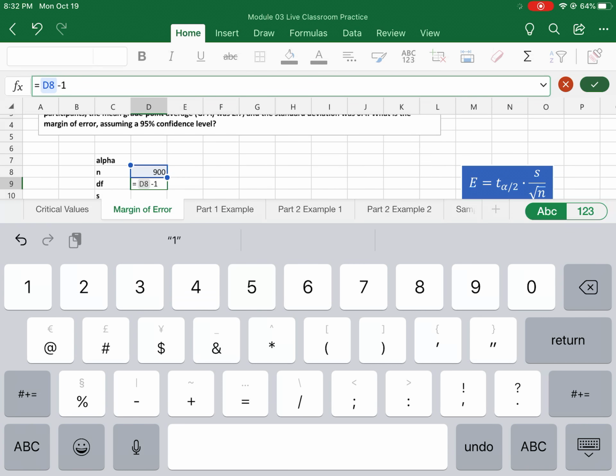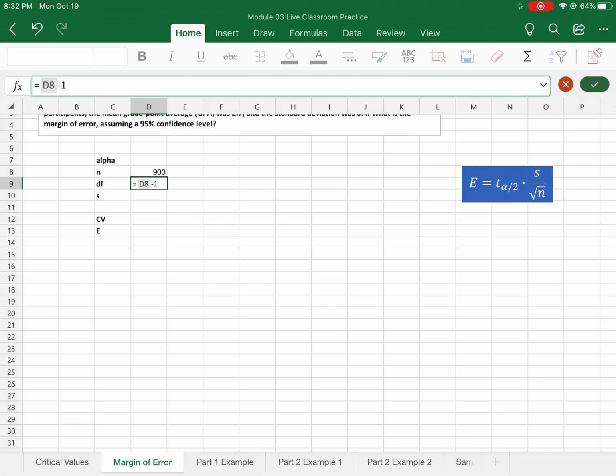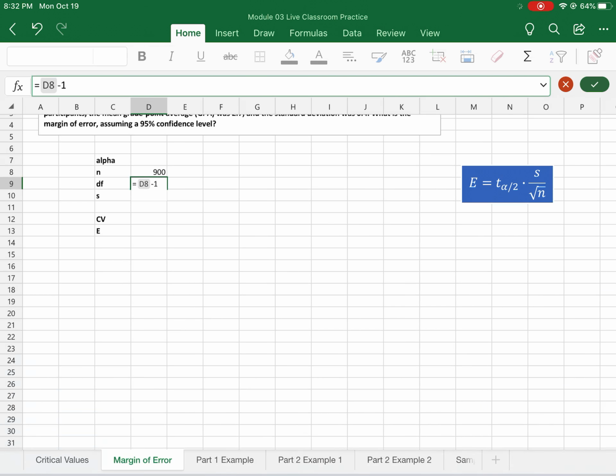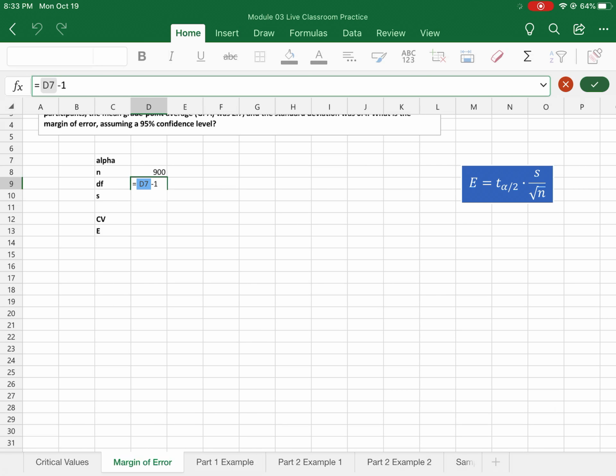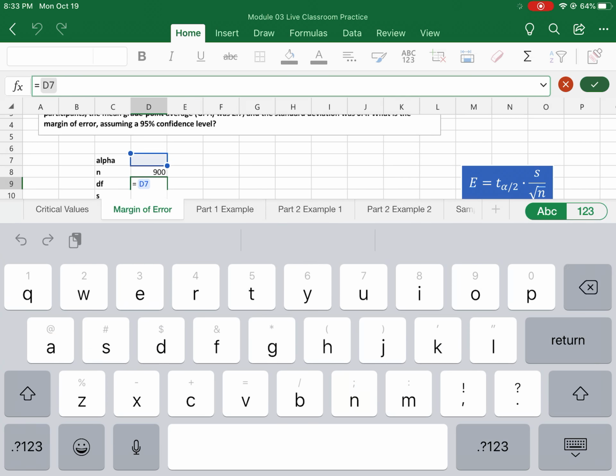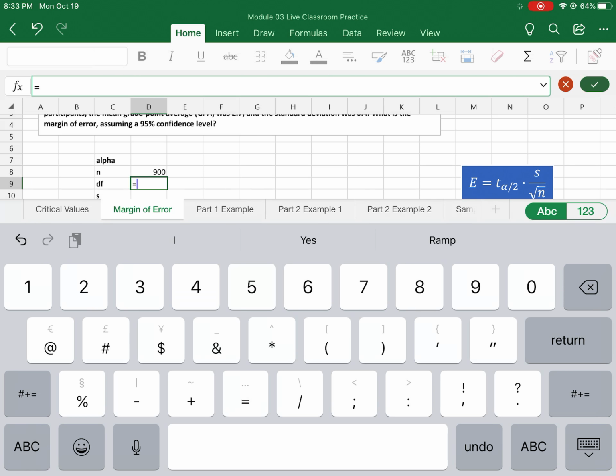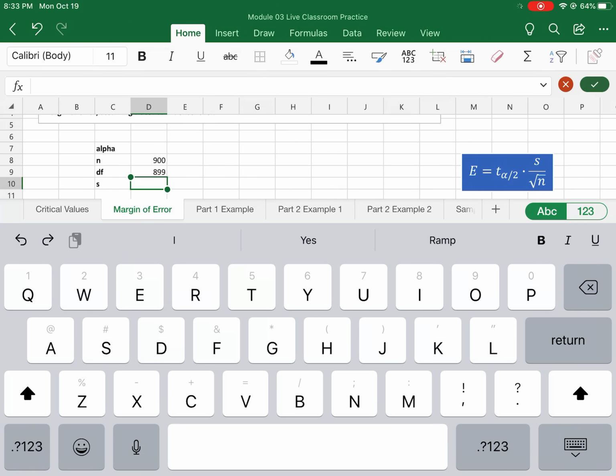Equals, there we go. I want to see that work, minus 1. Of course, now it's not liking this. We'll just start over. Equals minus 1. Enter.